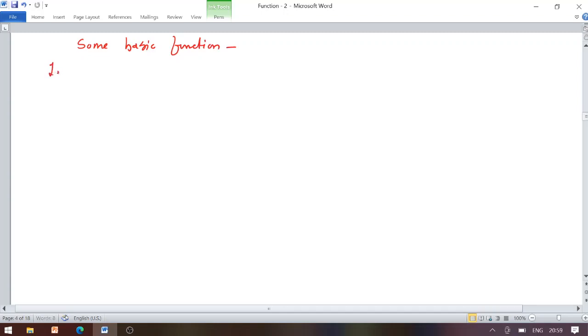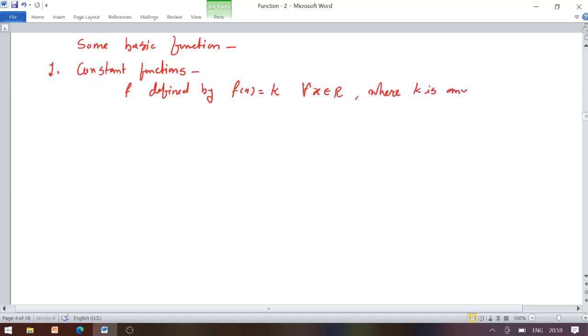The first type of function is the constant function. The name itself implies its definition. A function f defined by f of x equals any constant k for all x belonging to R, where k is any constant, is called a constant function.